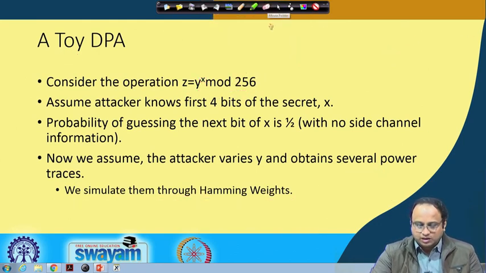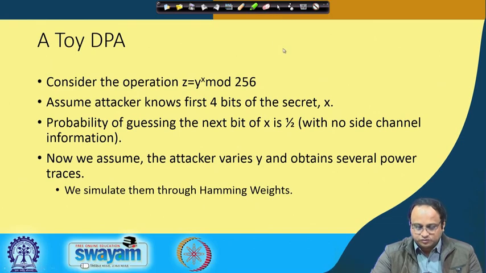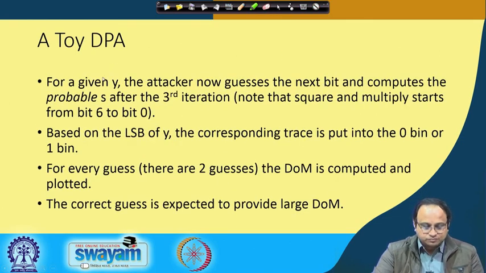So with this example, let us see how we can do the attack. For a given y, the attacker now guesses the next bit and computes the probable s after the third iteration. Note that the square and multiply starts from bit 7 down to 0, so you are going from bit 7, bit 6, bit 5 and so on till bit 0.